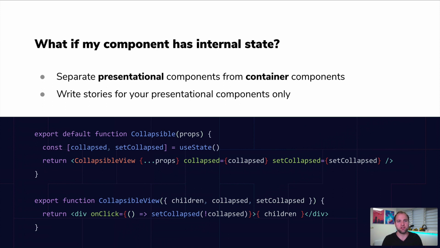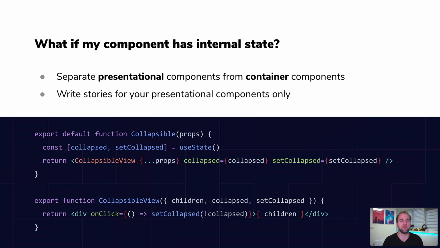Well, what you do is you take that component apart. You create a presentational component which only renders itself based on a set of properties, props, or whatever it's called in a different library. And then you have a container component around it that keeps track of the state and then passes that along to the underlying component.